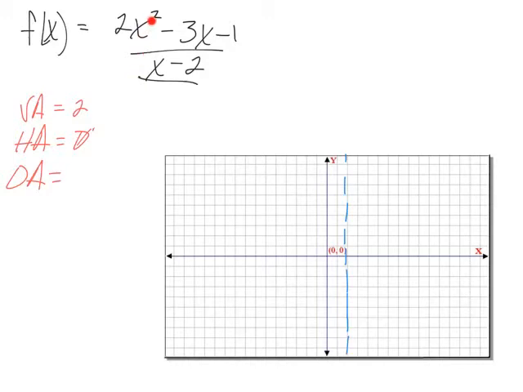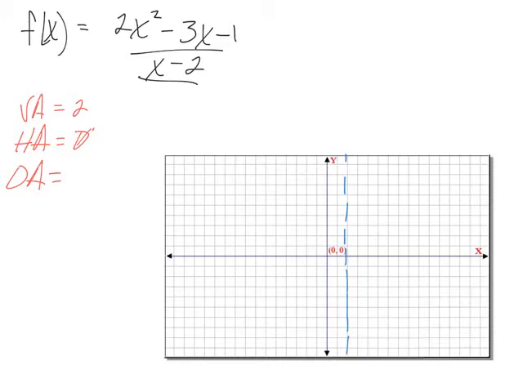The exponent on top can only be one different than the exponent on the bottom. So if this was a 6, this would have to be a 5. If this were a 4, then it wouldn't work. But if this is a 2 and this is a 1, there's only one difference. That means that we've got the possibility of an oblique asymptote.